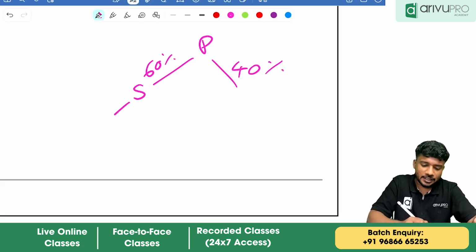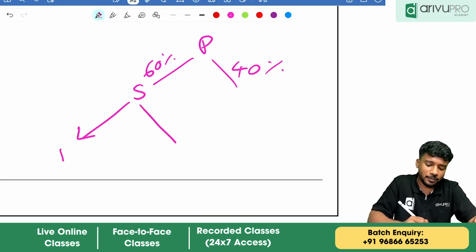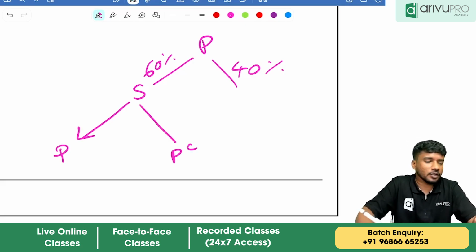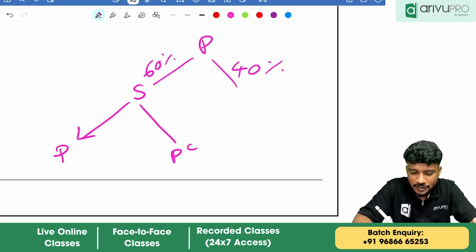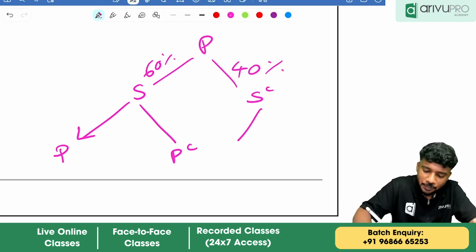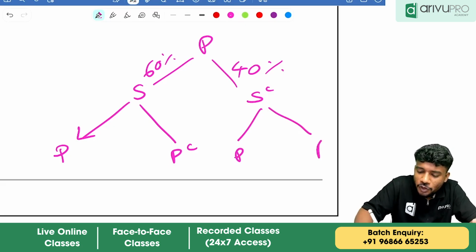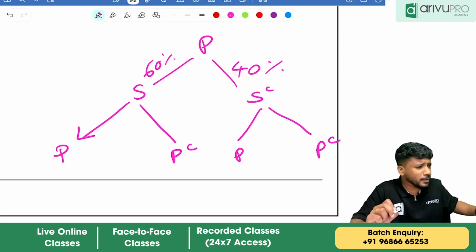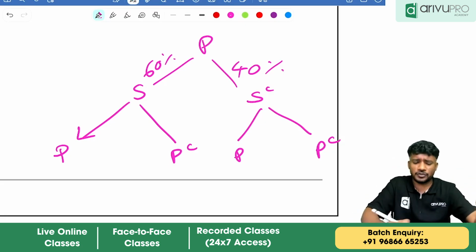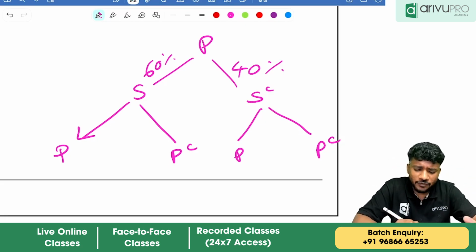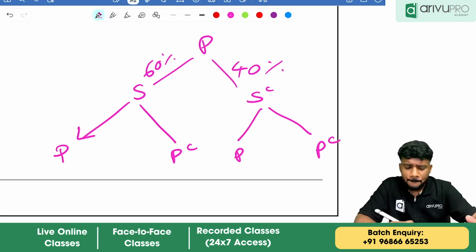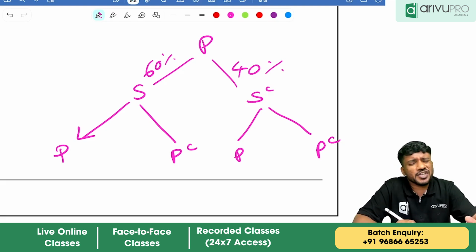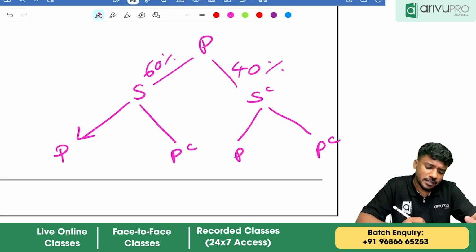Okay. Now, after the person studying, this is the case of studying. There are another two cases. He can pass or not pass. Correct? Then similarly, not studying means I will put C as complement. He can pass or not pass. Likewise, I can always make a family or a probability tree out of it, right? Now I am going to see the probability of a person passing after studying is 70% or 80% I'll give you.